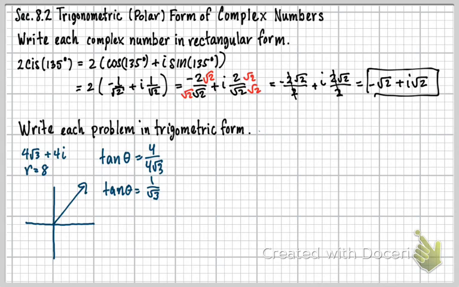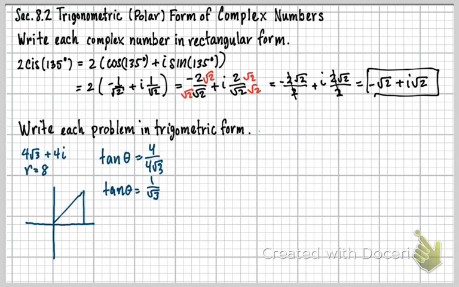Now I don't have to know the exact place, so don't get me wrong on that. But I will have to understand what quadrant I'm in to begin with, because I could be down here and I won't know until I actually graph it. Now if these were both negative, then I would be down in the third quadrant, which then it would be not the answer I come up with when I do the tan inverse. So it's really good to understand that. So that's why I really push that.